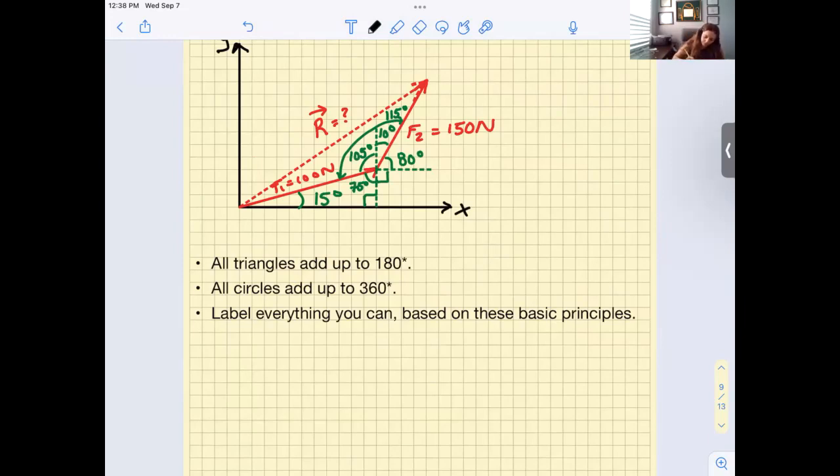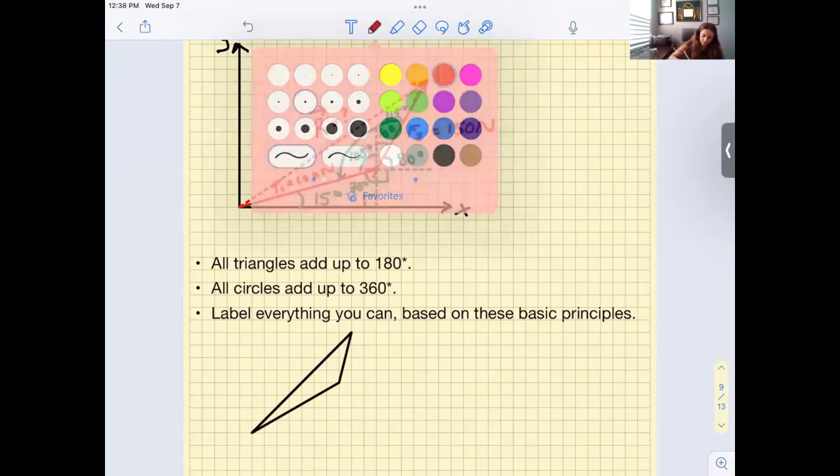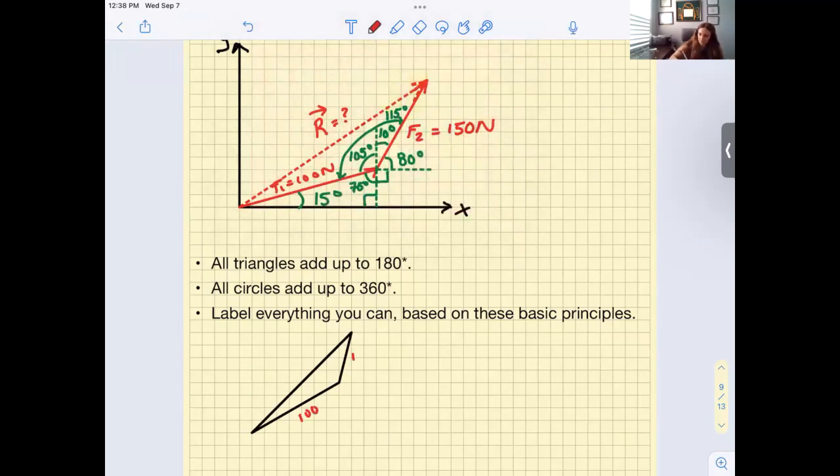So if I were to simplify this picture, I essentially have a triangle where this is 100, this is 150, this we don't know, and this is 115.